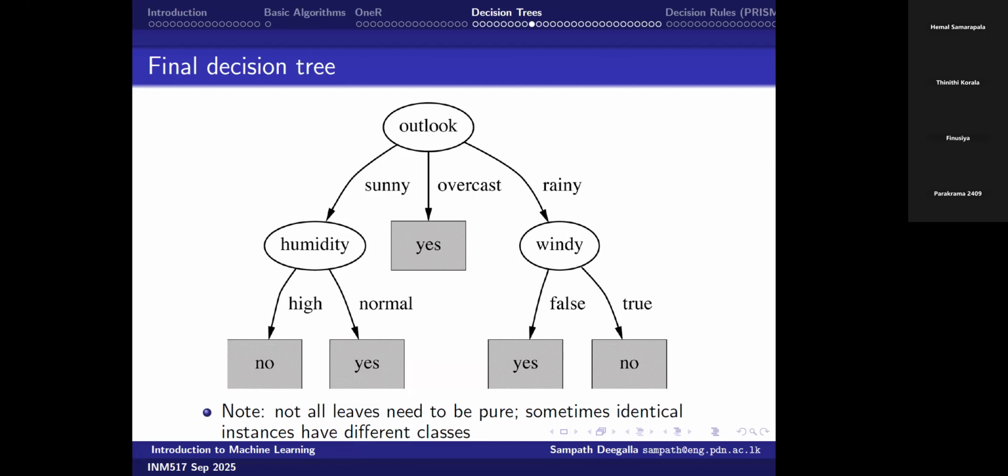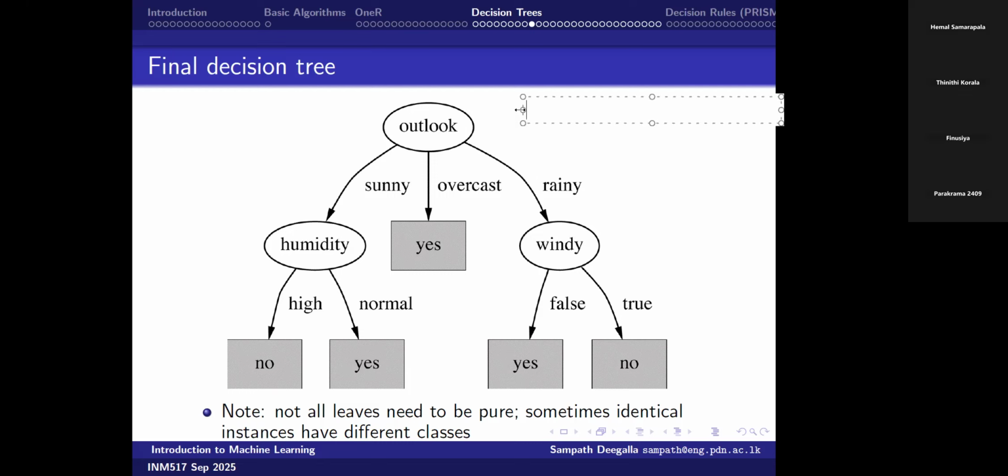Let me give you an easy rule. I'm going to write down the rule. I can start from the root node. The attribute is outlook. If outlook is overcast, we know the classification is yes.